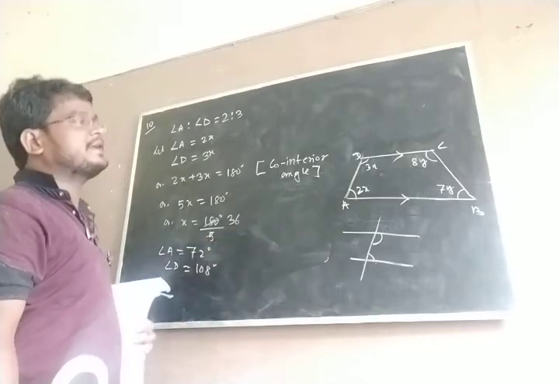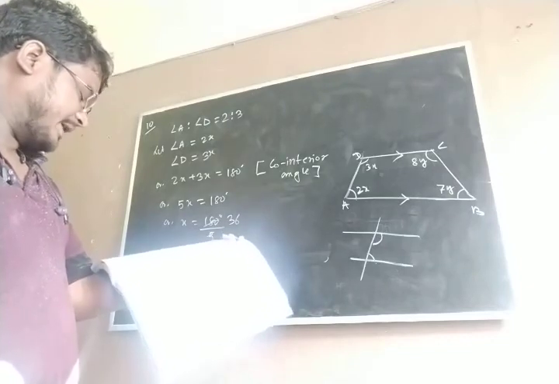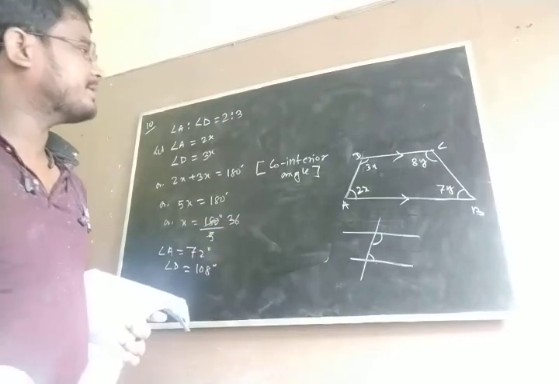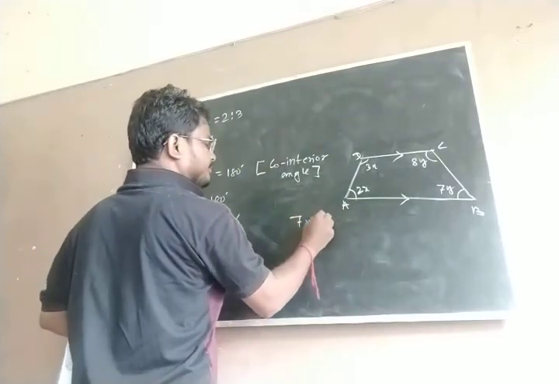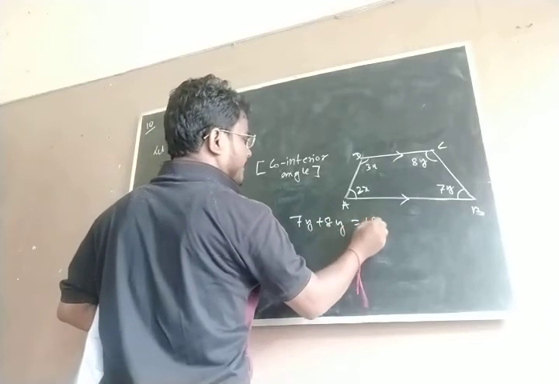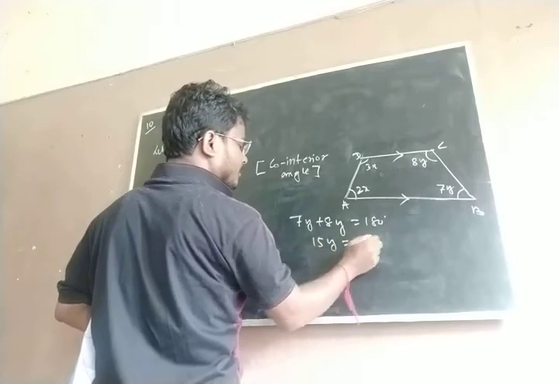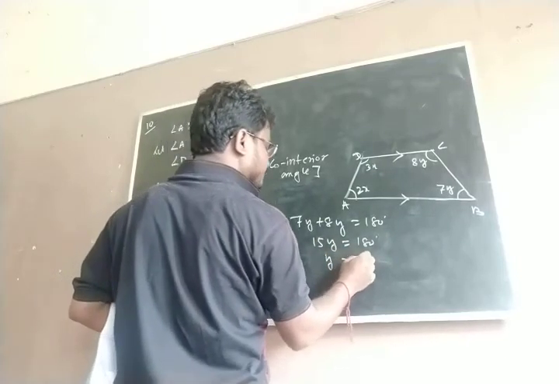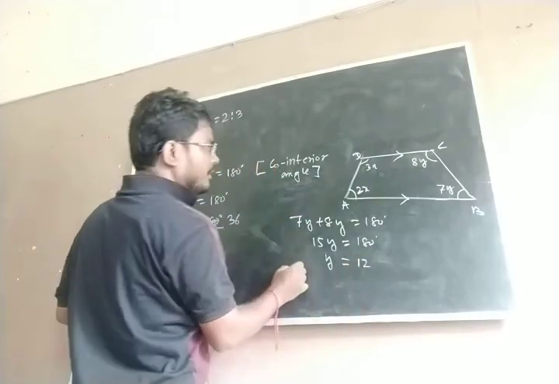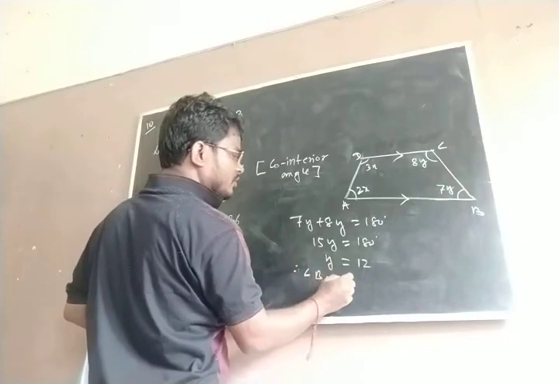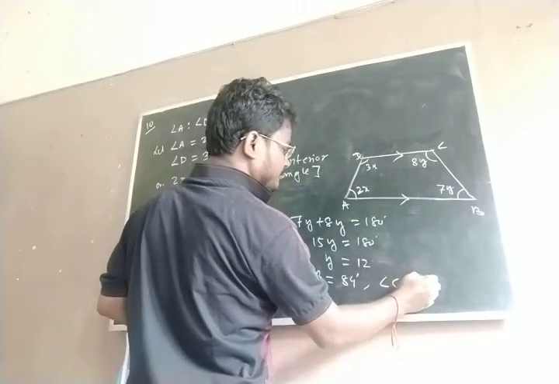Same way you can find angle B and angle C. Angle B and angle C means 7y plus 8y equals 180, then 15y equals 180, y equals 12. Therefore, angle B equals 84 degrees. Angle C equals 96.